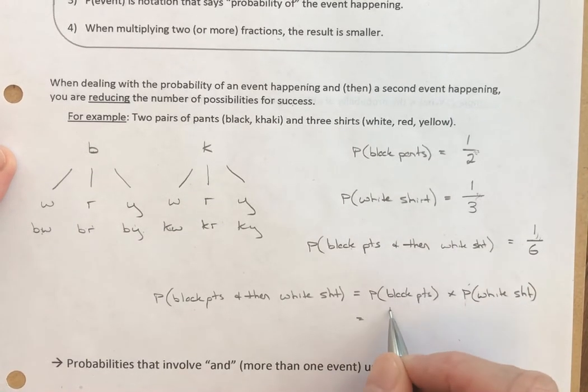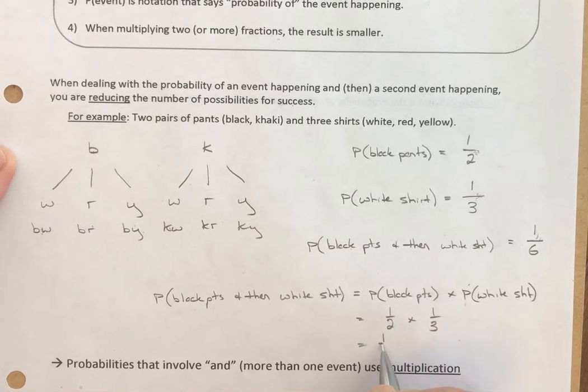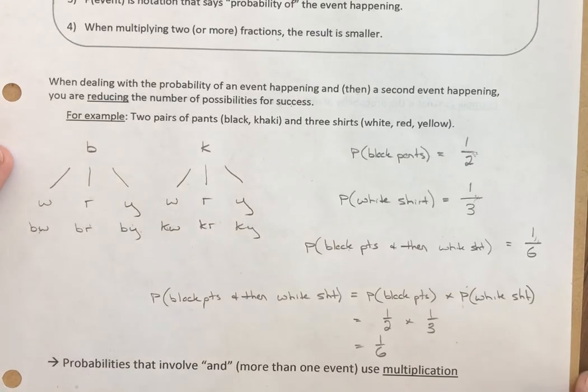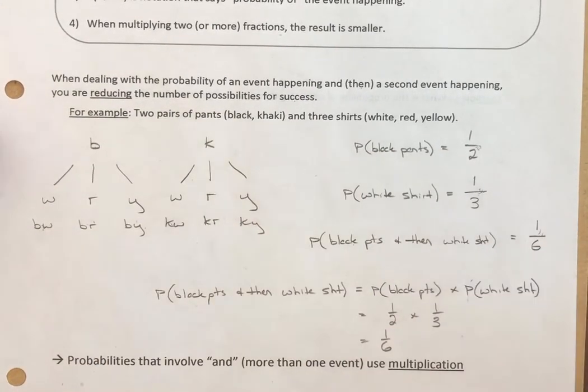Well, the black pants is a 1 out of 2. The white shirt is a 1 out of 3. And there's the 1/6 that we came up with, using our diagram and our understanding over here.